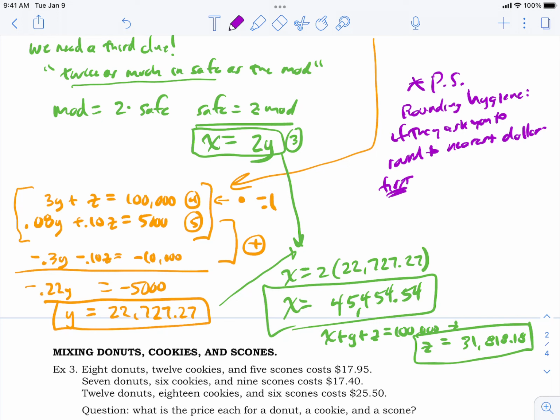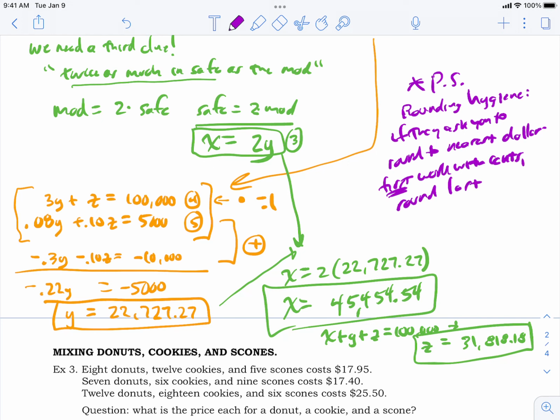First, work with cents. Round last. Why does this make a difference? Well, if you were to round this now, this is 22,727. If you were to round this now, it would be 45,455, because the 50 cents rounds this up.